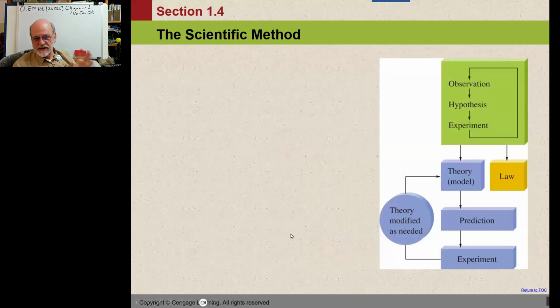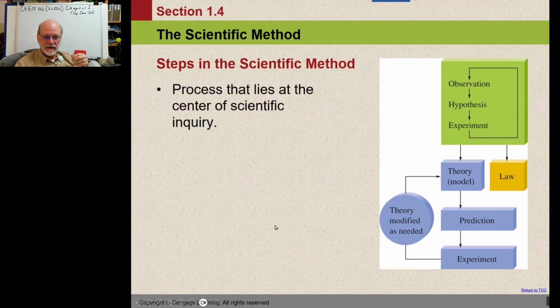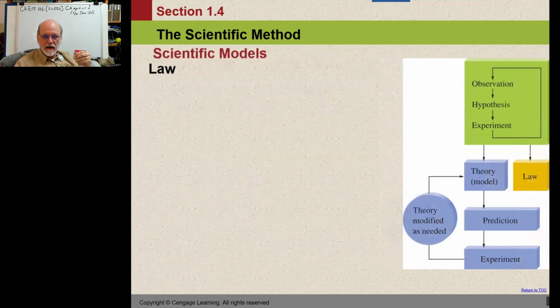All right, so this is a rough framework of how the scientific method usually works. First thing you need, as I mentioned earlier, is usually an observation.